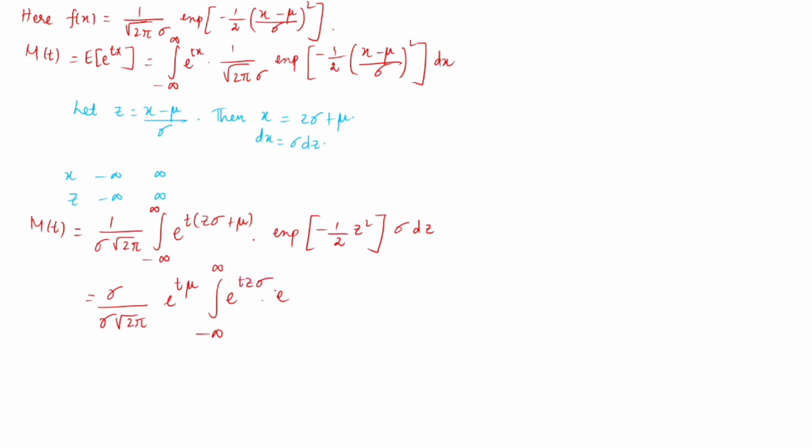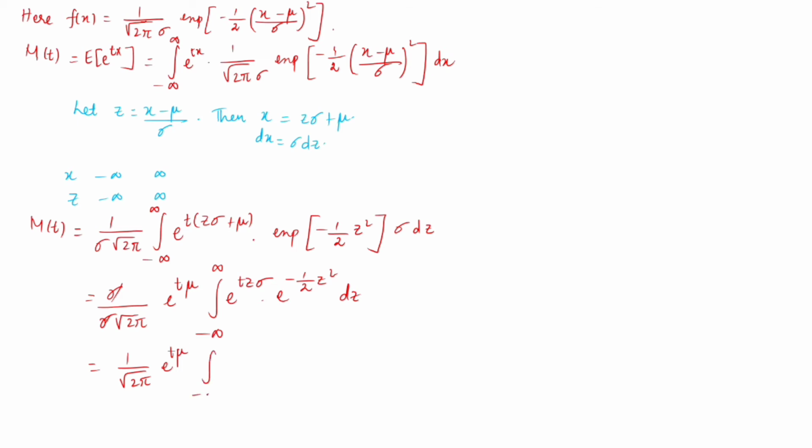Again, now we have it in a simplified form. So let me just write it as simply e to the power minus half times of z square and dz. Sigma and sigma gets cancelled. So what I have is 1 upon under root 2 pi, okay, e to the power t mu.